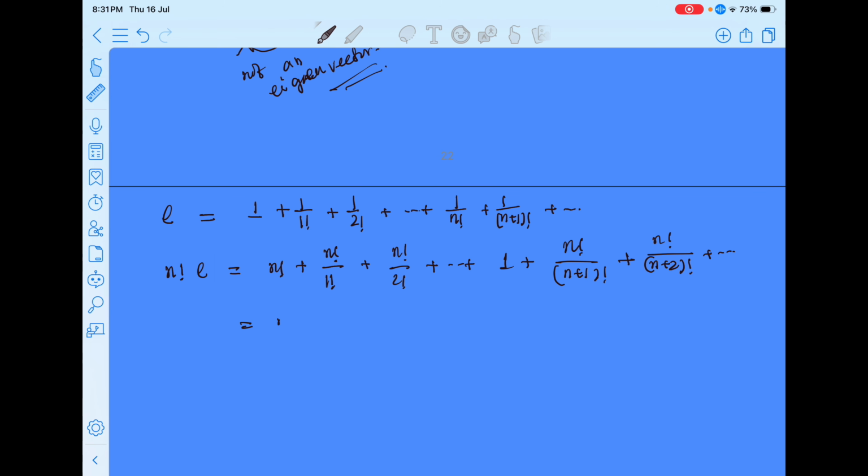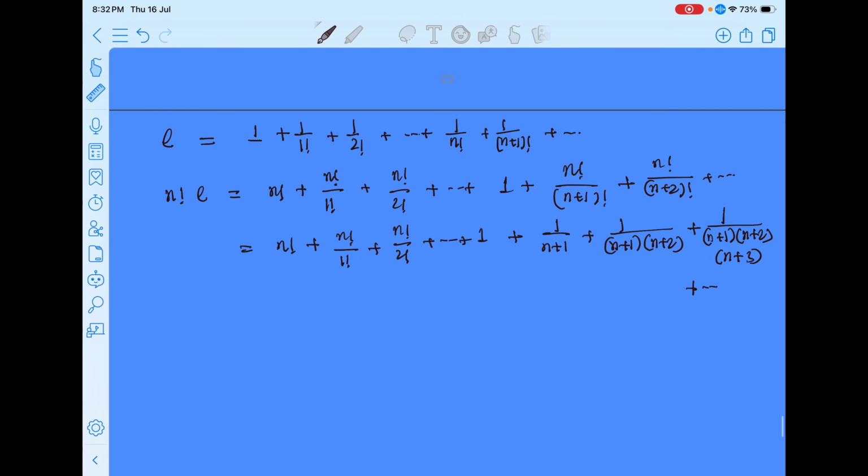So it is nothing but n factorial plus n factorial by 1 factorial plus n factorial by 2 factorial, dot dot dot, 1 plus 1 by n plus 1 plus 1 by n plus 1 times n plus 2 plus 1 by n plus 1 times n plus 2 times n plus 3 and so on. Now observe that this is an integer.